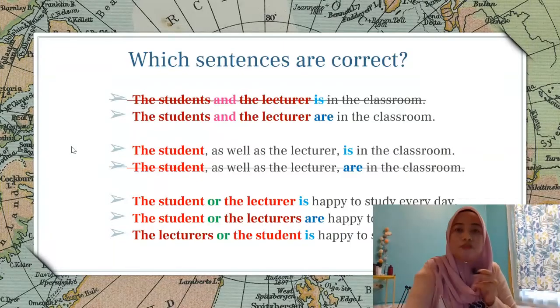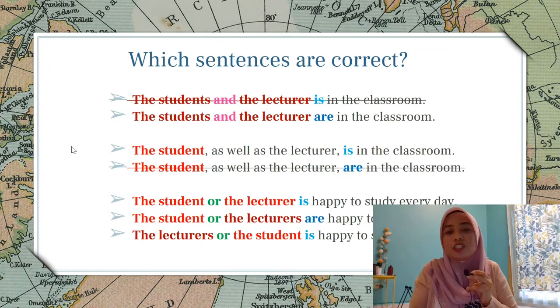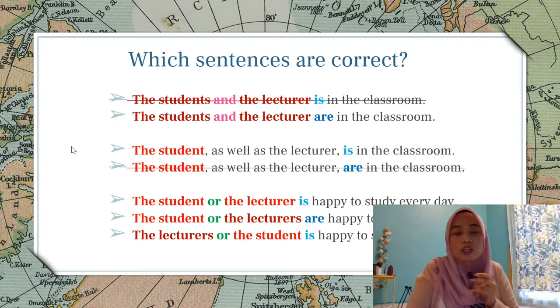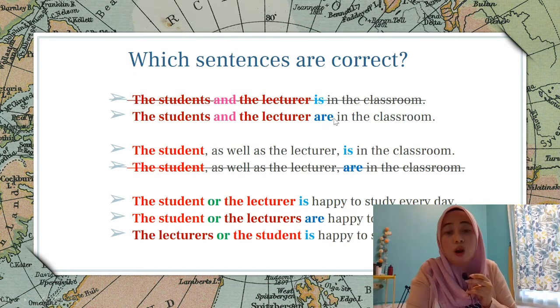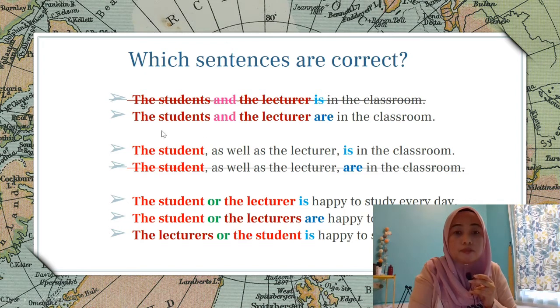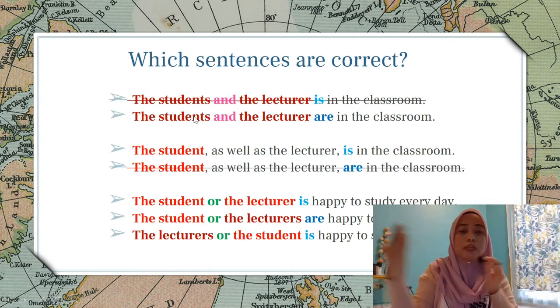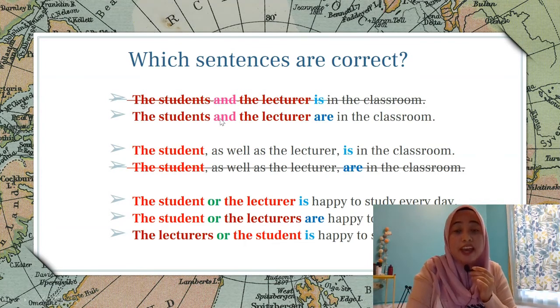For the first question, the students and the lecturer are in the classroom. The reason why it is are is because of the conjunction and. When you have more than one subject combined with the conjunction and, the verb has to be a plural verb as well.